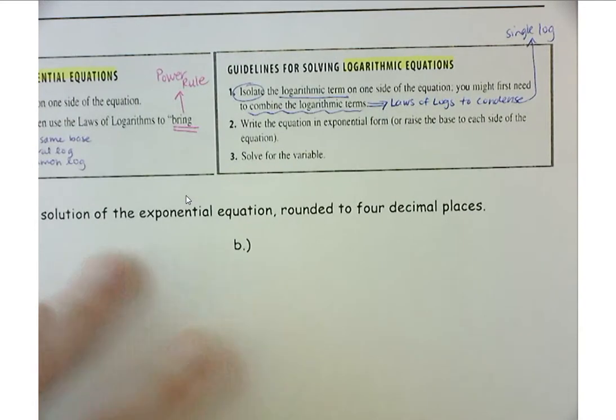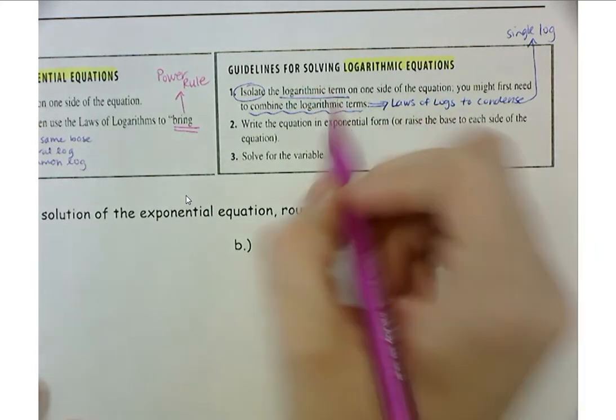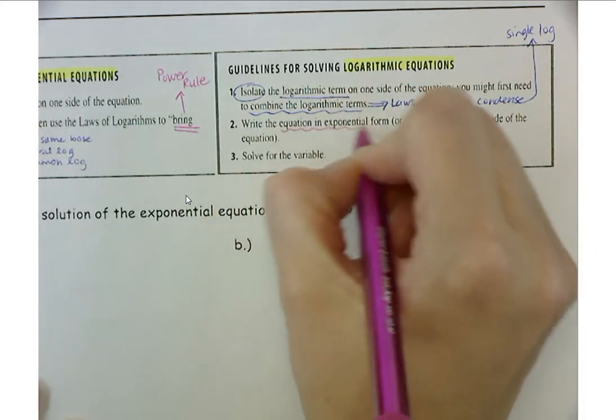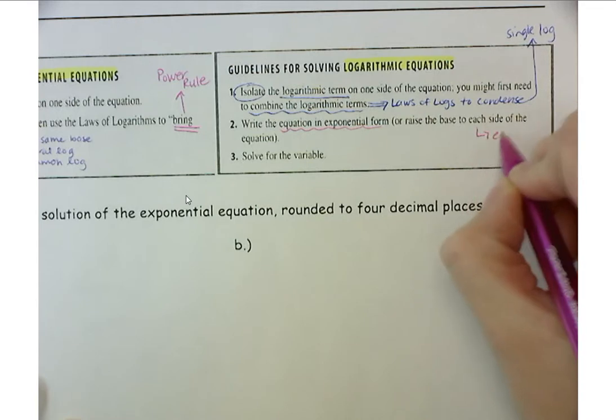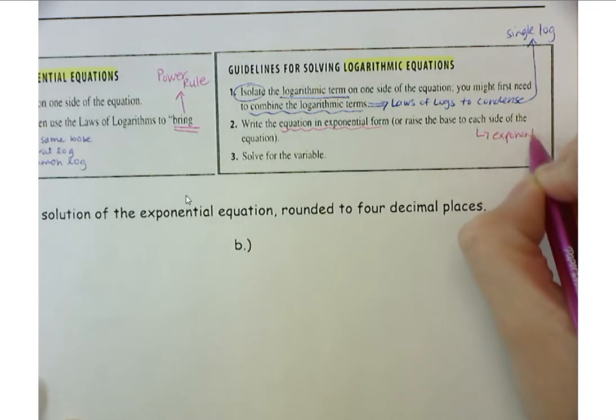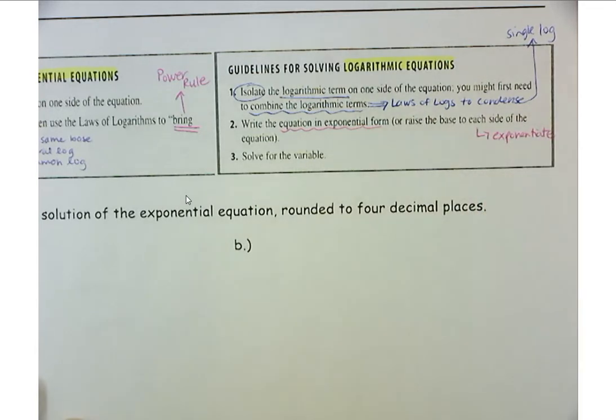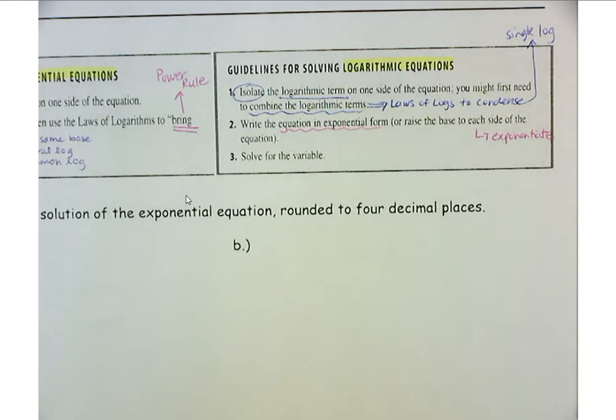Okay? If you have more than one, you're going to have to use your laws to condense them. And then after you have one log, you're going to write the equation in exponential form. Or you can raise the base to each side of the equation. That's what we talked about the other day when you exponentiate. Okay, where the bases become your exponents, and you get to pick what your base is.